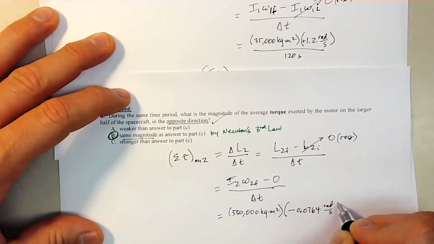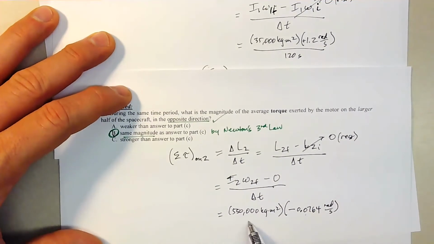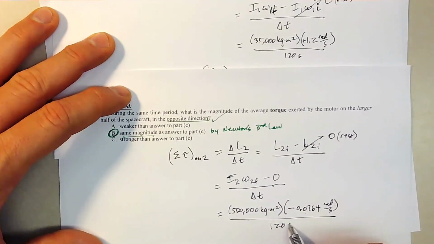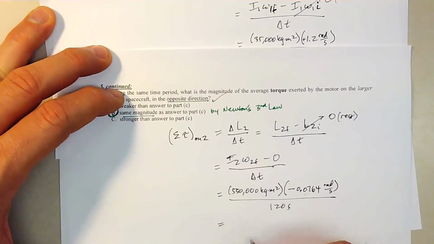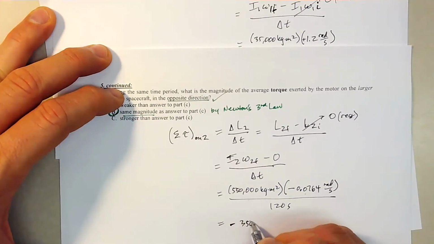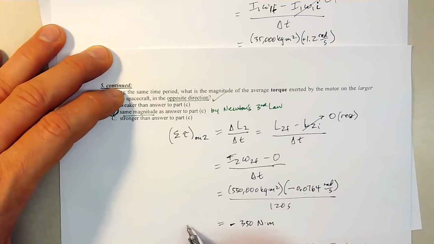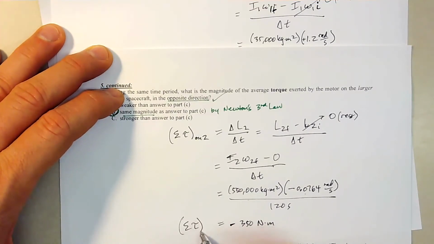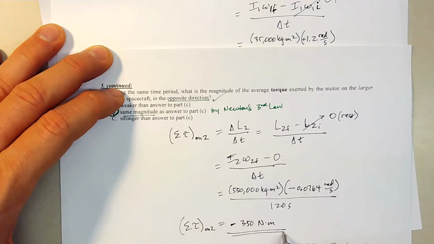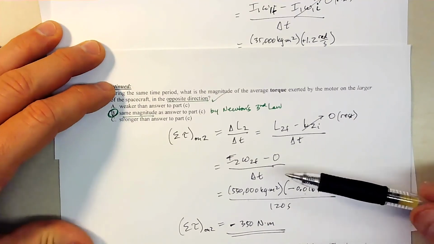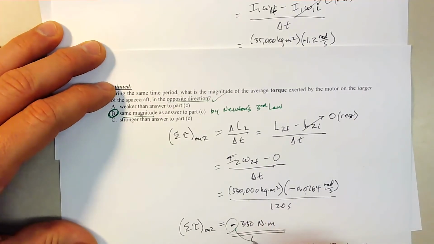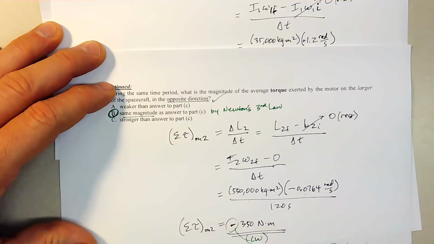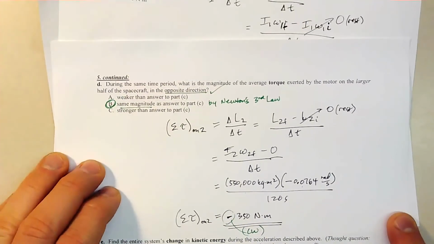I'm making sure I keep at least a little bit of extra significant figures to prevent round-off errors. When I ask my calculator what this is, I get negative 350 Newton meters. So it's in the opposite direction, as this net torque is in the clockwise direction, but the same magnitude.